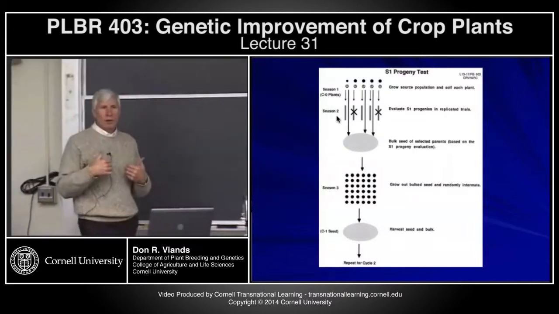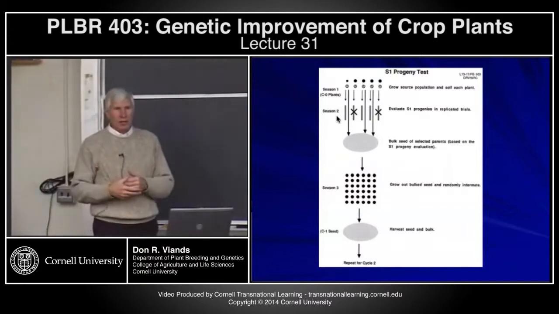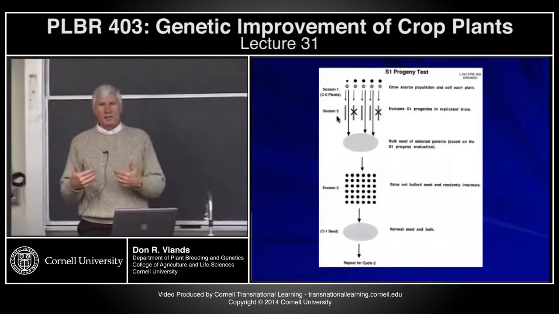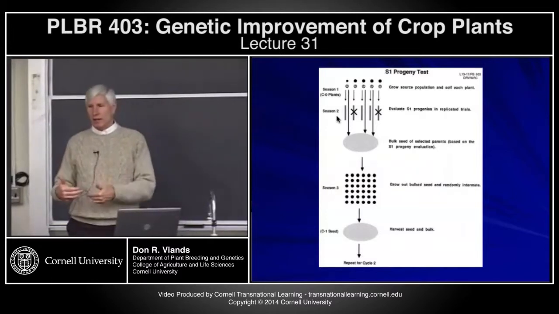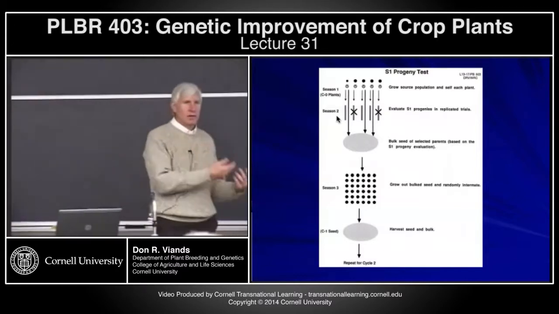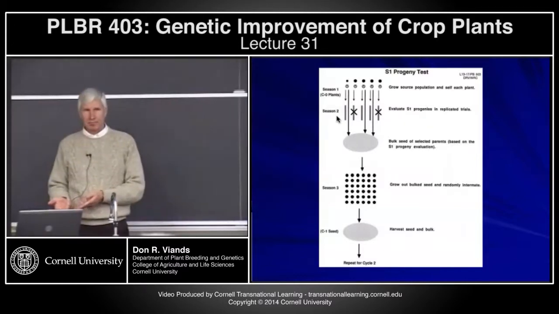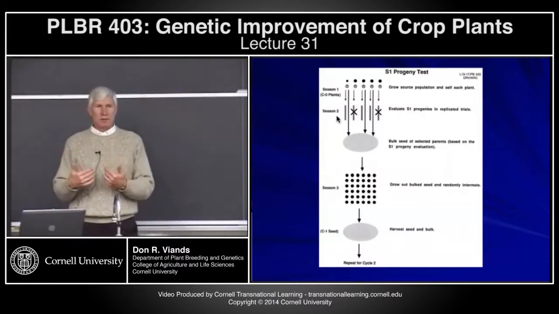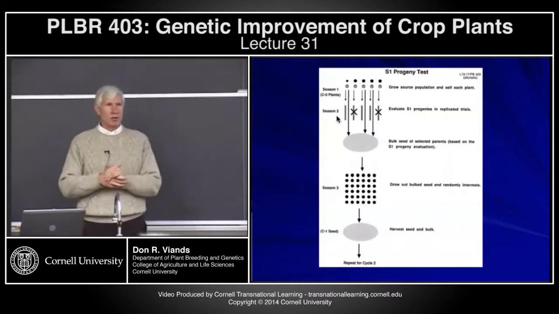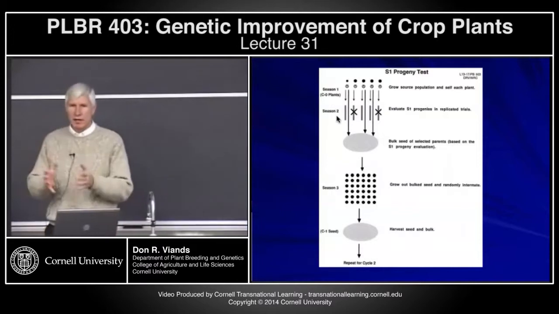And we said that one major advantage, a few major advantages in fact, of this method is that the principal one is that there's more additive genetic variation among S1 progenies than there is among either full SIB or half SIB progenies. So that becomes an advantage, because that impacts the A value in the numerator of your response from selection equation.